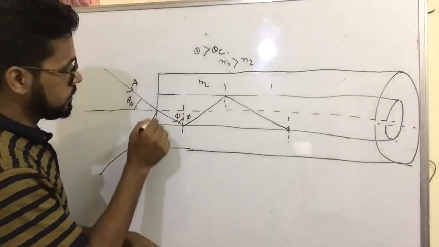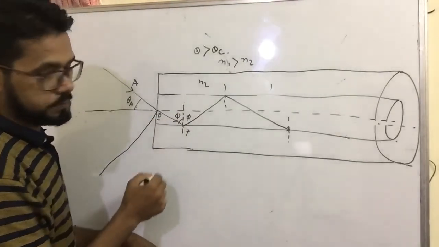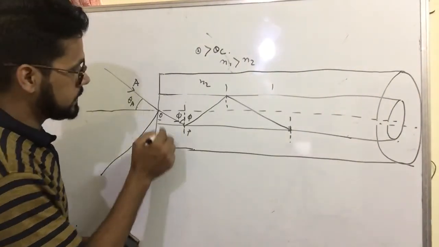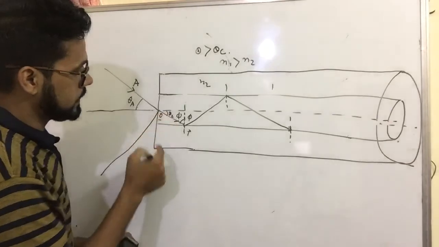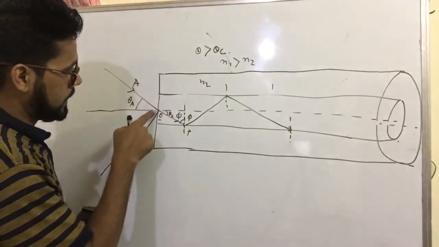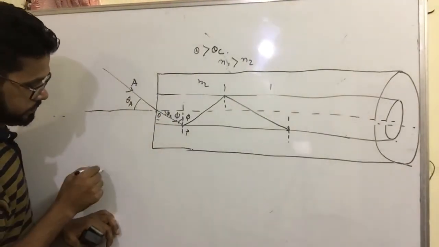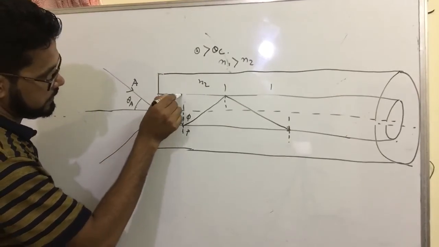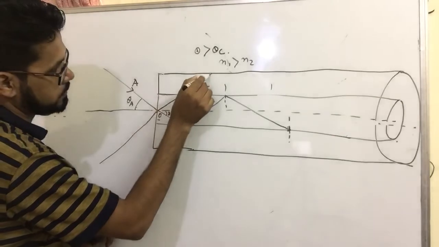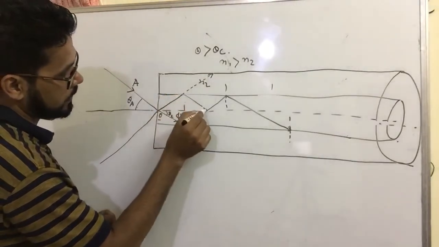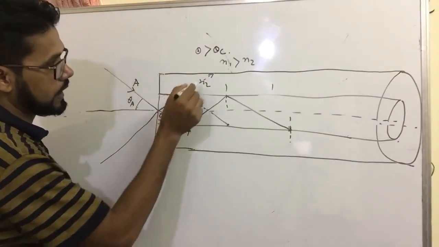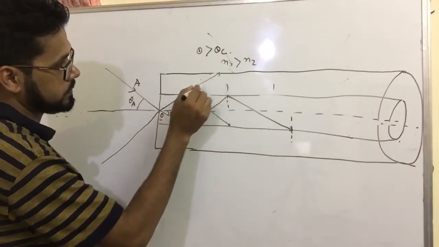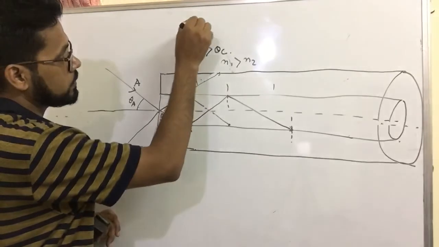Okay, this is point O or this is point P, and this is theta 2. Okay, and another example like that takes place, and this ray moves to this side, also moves to this side. This is another ray. Okay. This is known as a loss.